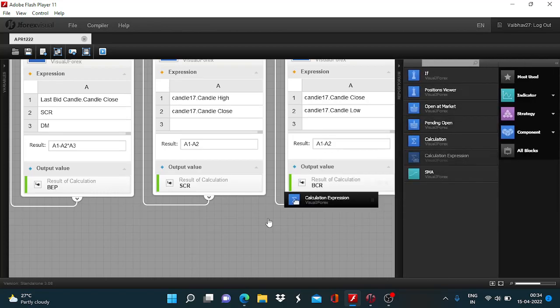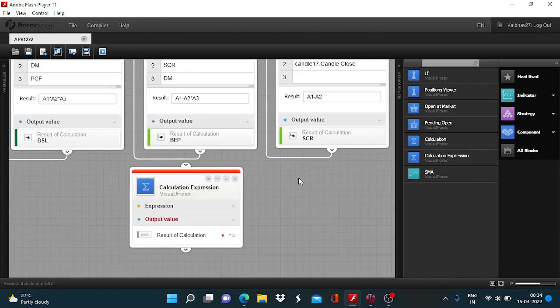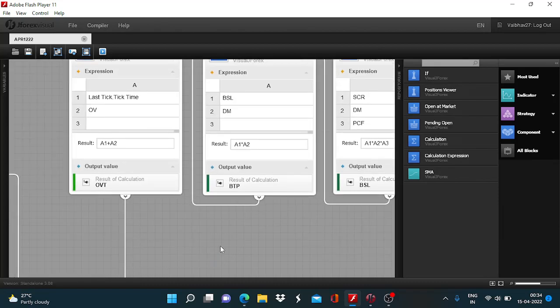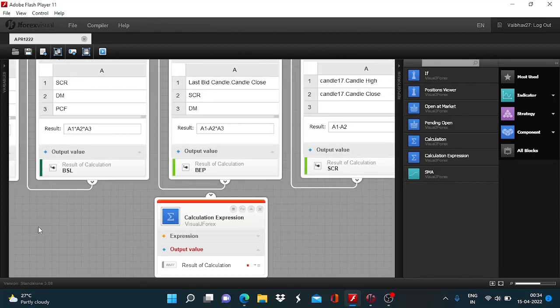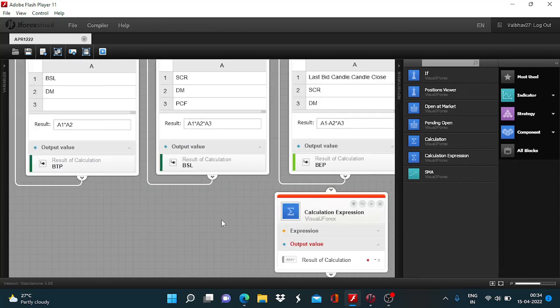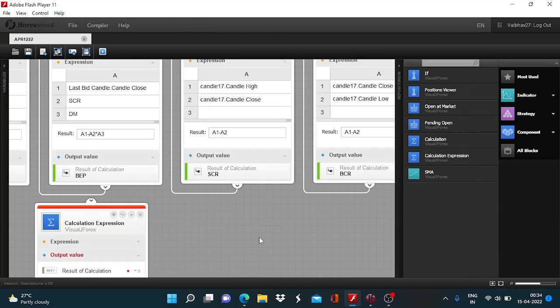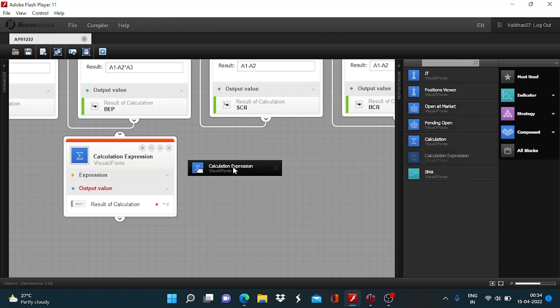so we are going to need, let me check how many. We are going to need 3 of these calculation expression blocks.